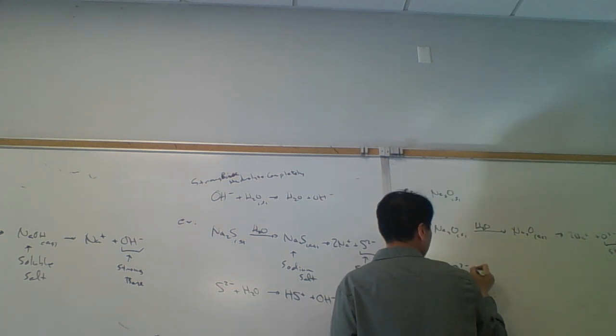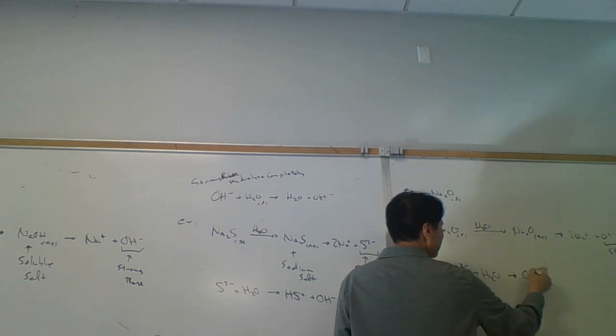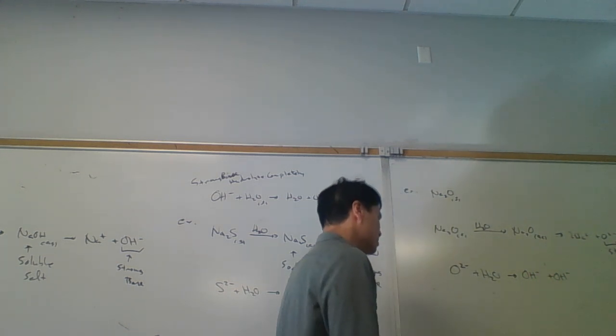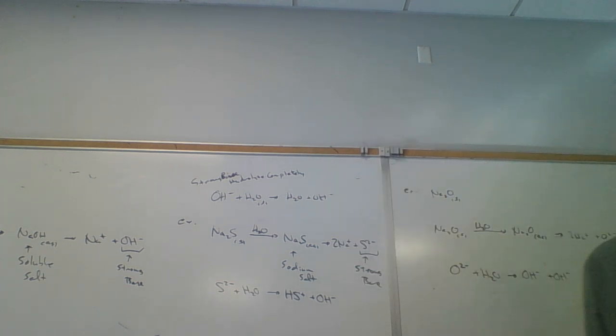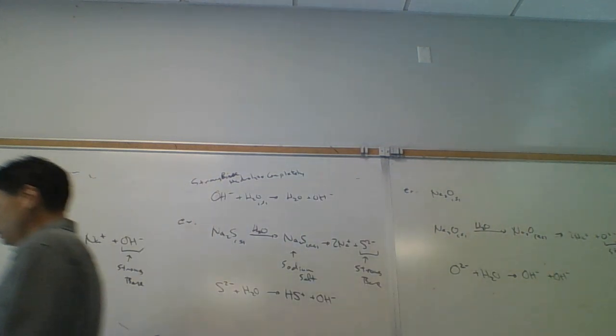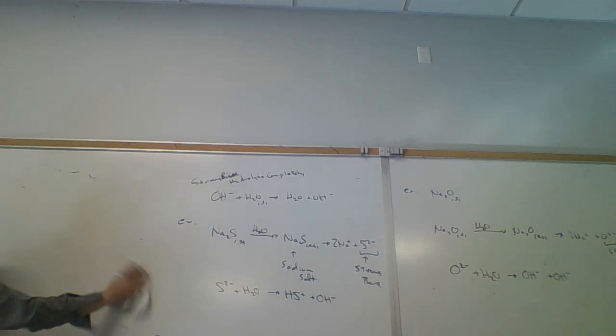And so oxide reacts with water to form hydroxide plus hydroxide. In other words, water loses the hydrogen. And so strong bases hydrolyze completely. I could do the same thing for amide. Do one more.